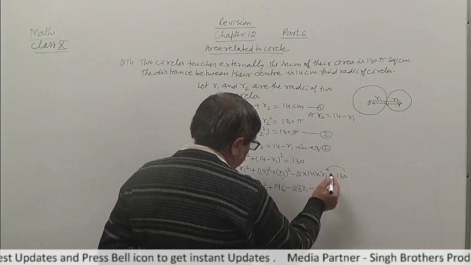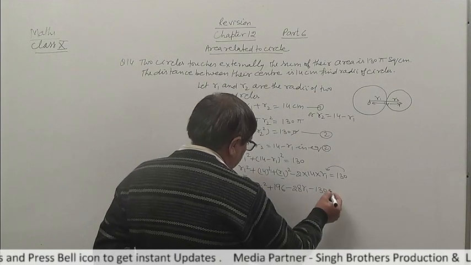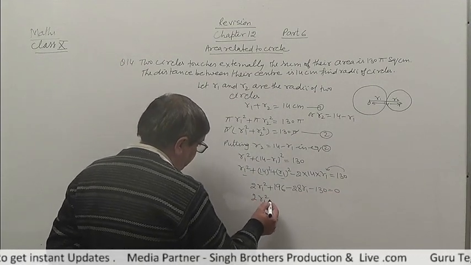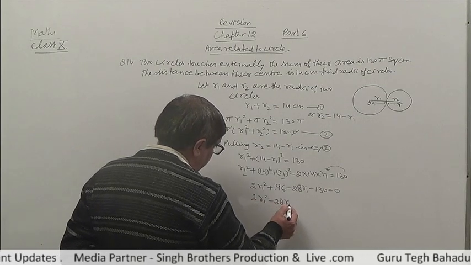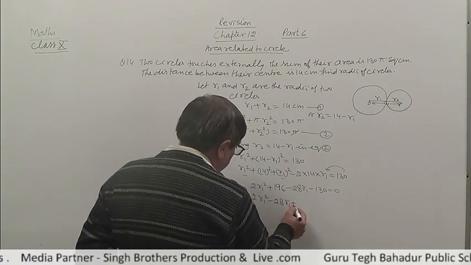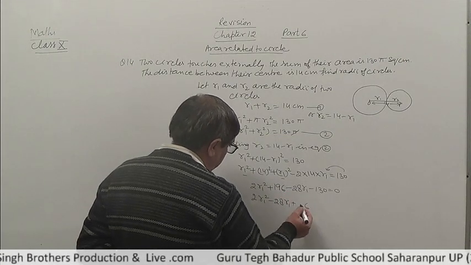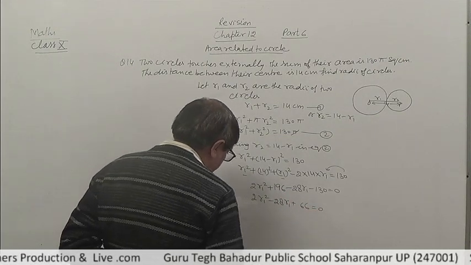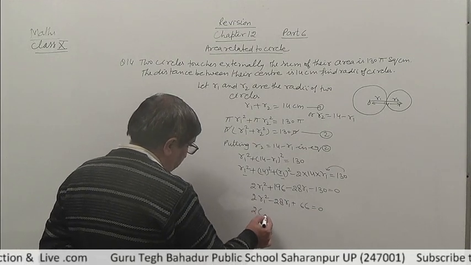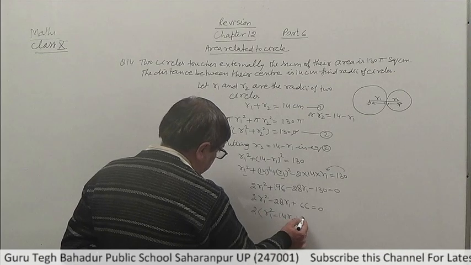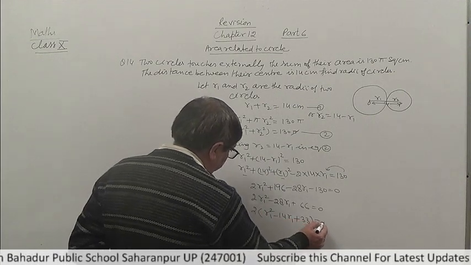Take this 130 to the left side. So 2R1 square minus 28 R1 plus 66 equals 0. Taking 2 common, R1 square minus 14 R1 plus 33.